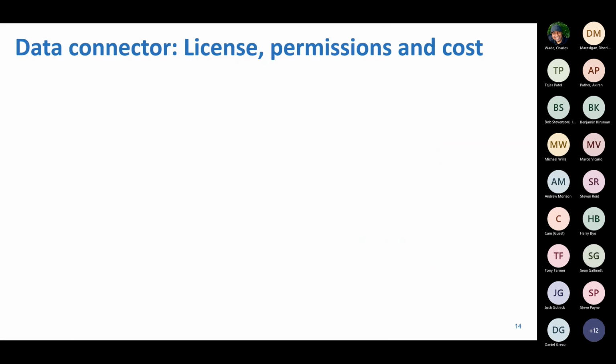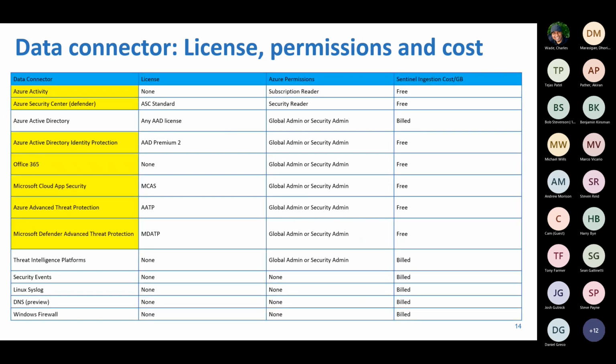Quickly talking about some of the popular data connectors, and this is more focused around the Microsoft Cloud Stack. If you see a lot of them: Azure Active Directory, Azure Activity, Office 365, threat protection from Azure and Office 365, Azure Active Directory Identity Protection.